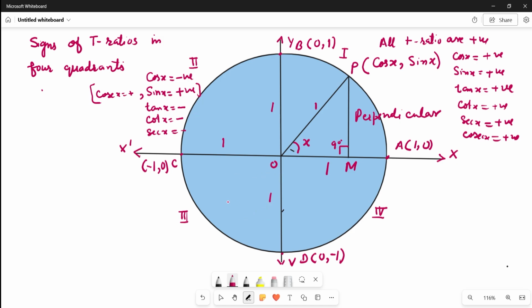Now see in the third quadrant, this point P moves from C to D. Here the value of cos varies from -1 to 0 and sin की वैल्यू 0 से माइनस, मीन्स sin x भी नेगेटिव है. इन द थर्ड क्वाड्रेंट sin x नेगेटिव, cos x भी नेगेटिव, देयर रेसिप्रोकल secant x, cosecant x, ये दोनों नेगेटिव हो गए. अब देखिए tan x is sin upon cos, negative upon negative becomes positive, and cot x is also cos upon sin, which is also positive.